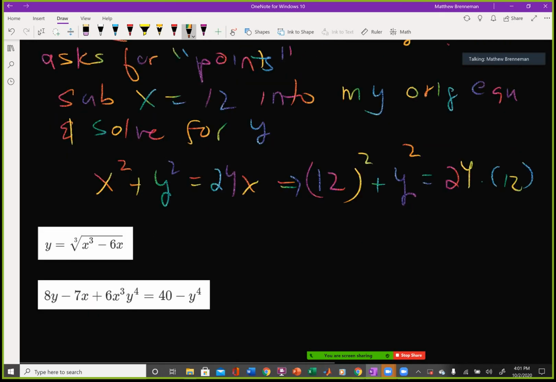And when you go through the arithmetic, you get y squared is equal to 12. And I'm going to have two solutions, right? This is a solution to a quadratic. So this tells me that y is equal to plus or minus root 12.